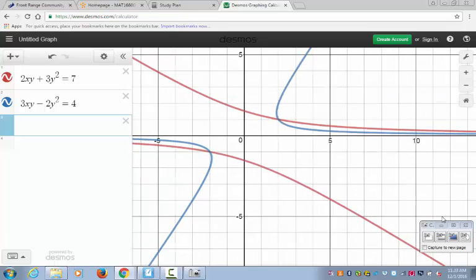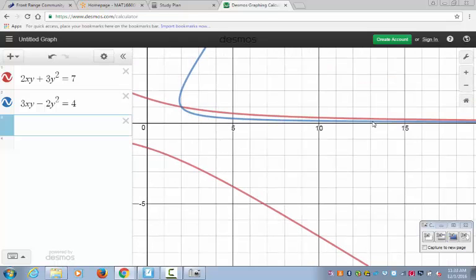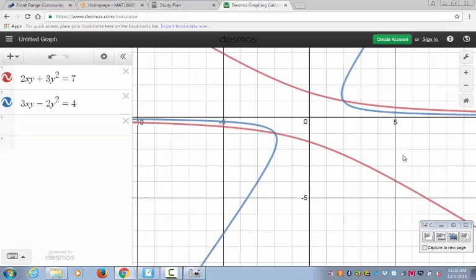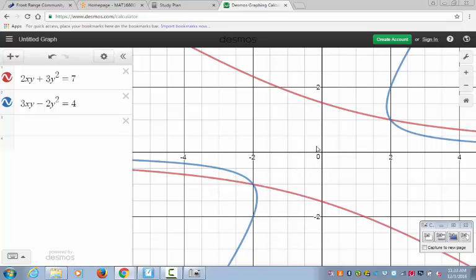So if you look really carefully, we're going to have one solution there, and that blue curve is going to stay below the red curve all the way to infinity. So the two solutions that we found are just these two: 2, 1, and -2, -1. Do those match what we found? It better. Better match.